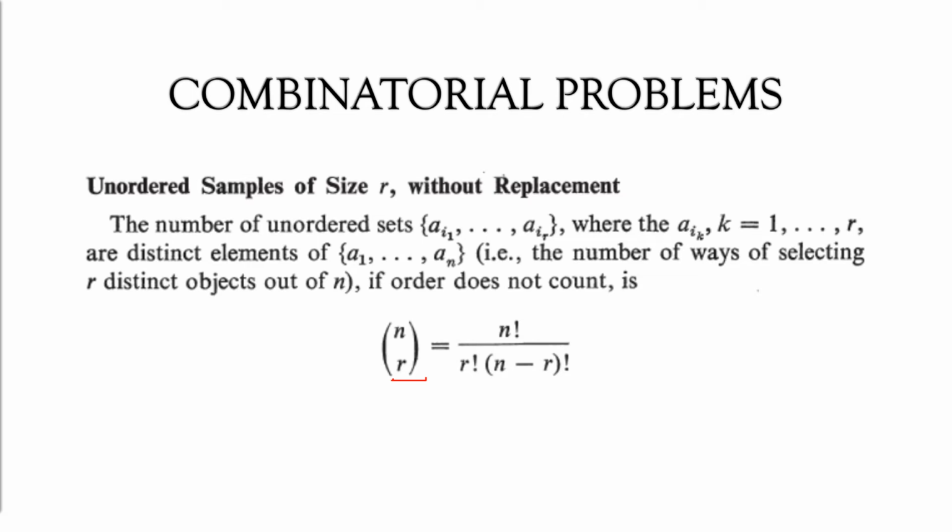The second is, for each set selected, let's say a sub i sub 1 up to a sub i sub r, select an ordering of them. This can be done in r taken r at a time, which is equal to r factorial ways.